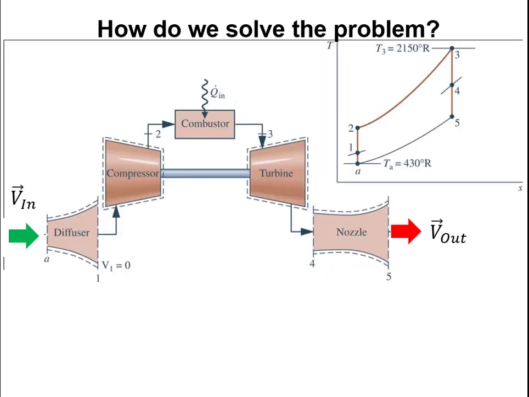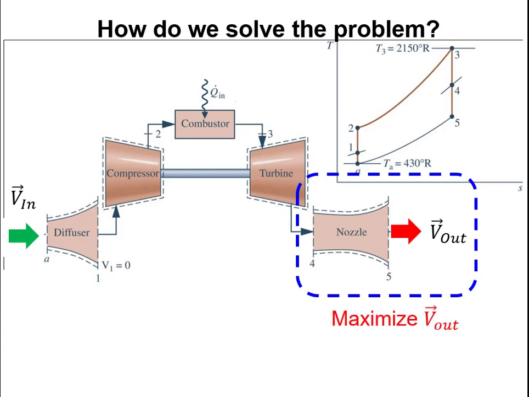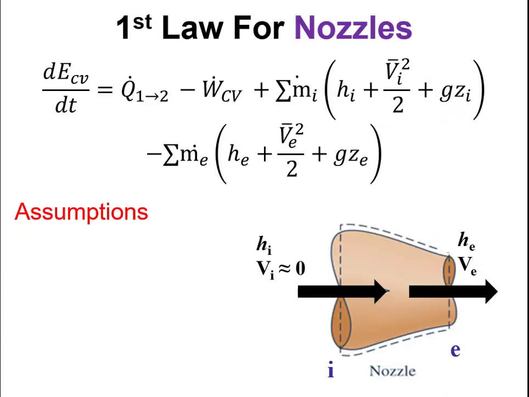So now we're done with the turbine and we can move into the nozzle. Because our back work ratio was only 1 in our Brayton cycle, we have more enthalpy at the entrance to the nozzle than we otherwise would. What we're trying to do in this cycle is maximize the outlet velocity, or the thrust created by the jet.